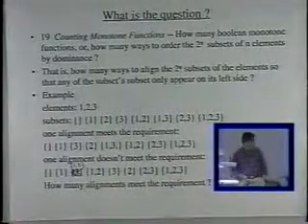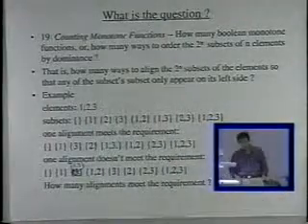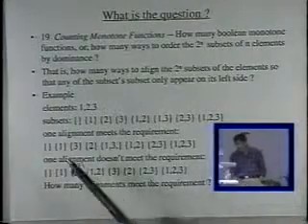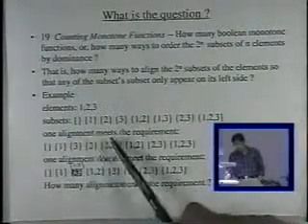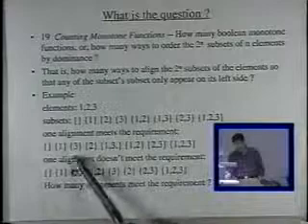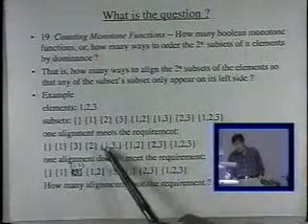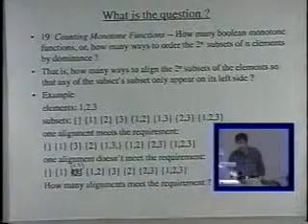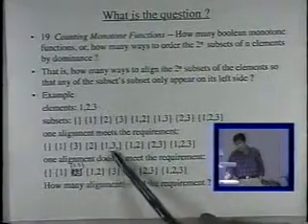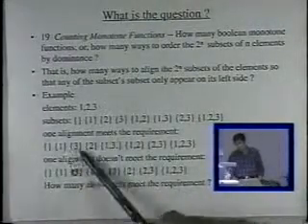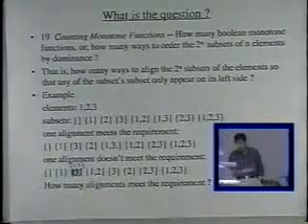Suppose we have 3 elements, 1, 2, 3, and we will get 8 subsets of this one, right? And one alignment which meets the requirement is this one. For example, any subset of a set will appear on the left side. Suppose for this one, 1, 3, the subsets 1, 3, and the empty set will be on the left side.